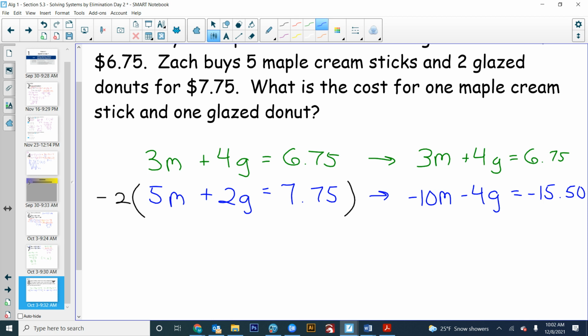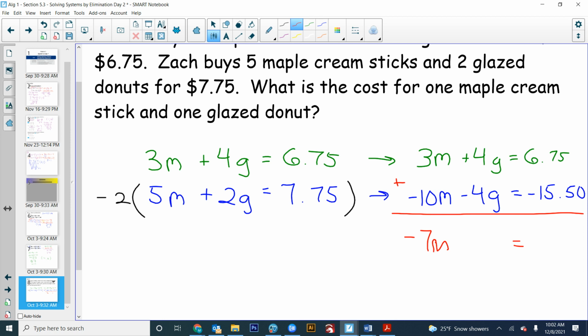Good. And is that going to eliminate our G's if we add the equations? Yes. Here we go. 3M minus 10M is -7M. 4G minus 4G is 0. And 6.75 minus 1550 is what?